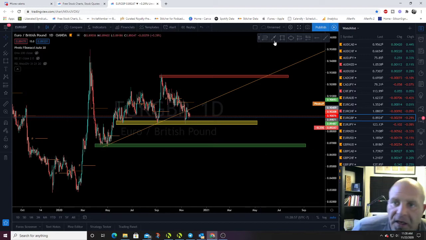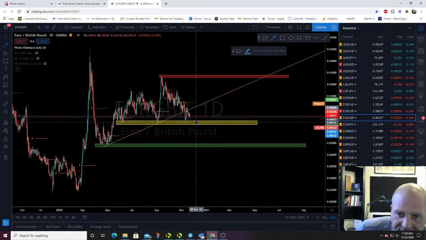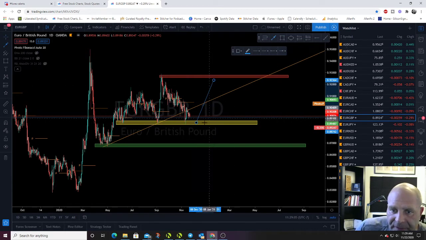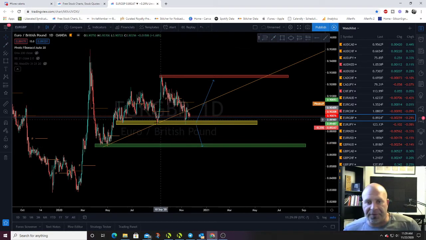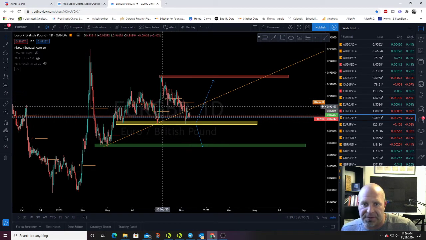Okay, so I want to wait till price gets in this zone. If we bounce, I want to look for that. If we break, I'm going to look for that. However, we've already broke this trend line, guys. Let's get rid of that. There's another one somewhere in here.